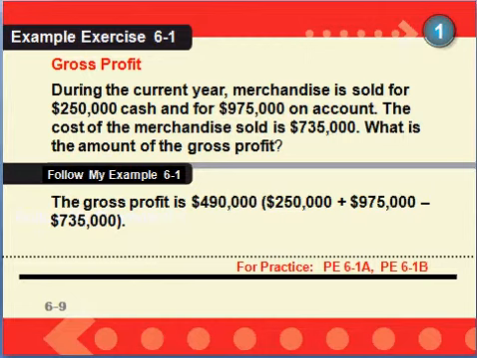Then it tells us our cost of goods sold is $735,000, and it wants to know what our gross profit is. So we take our total sales, the $250,000 cash sales and the $975,000 sales on account, and we subtract the $735,000 cost of goods sold, and that gives us a gross profit of $490,000.